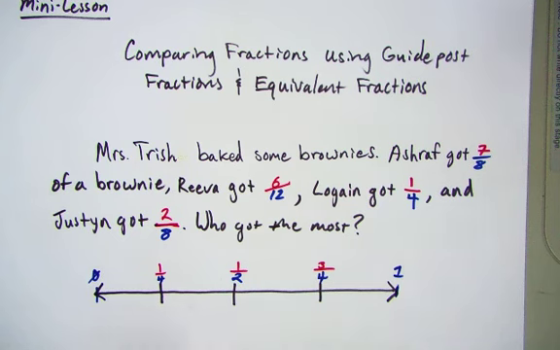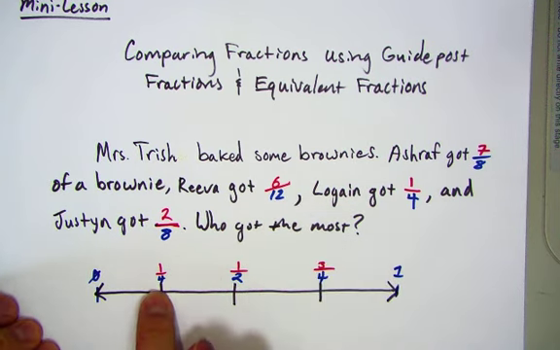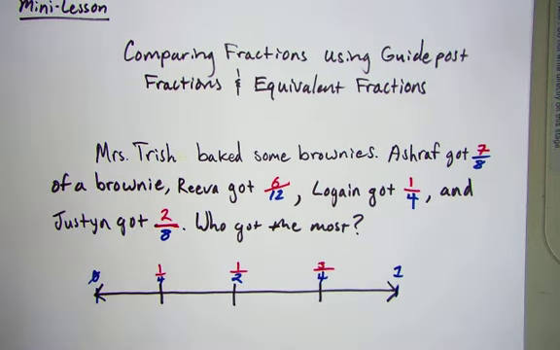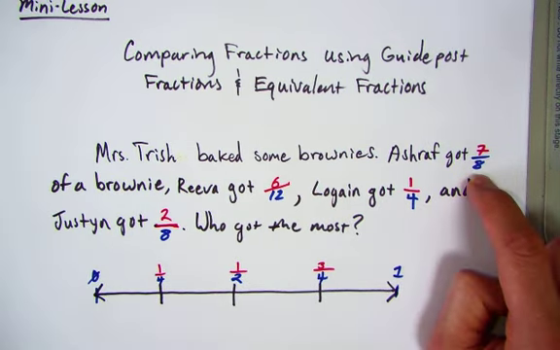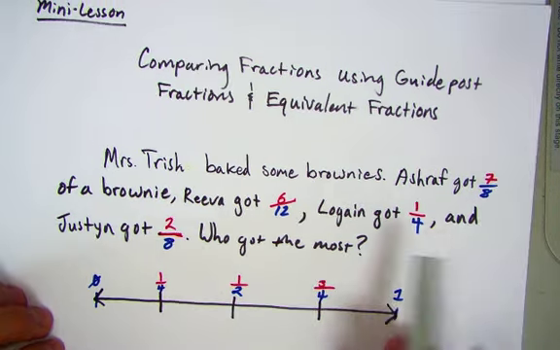These are our guidepost fractions. Fractions that we're going to look at and say, you know what? Where should I put this if it's relating to any one of these fractions? Let's take 7/8 first. Let's take 7/8 and figure out where we are going to put 7/8 on this number line.